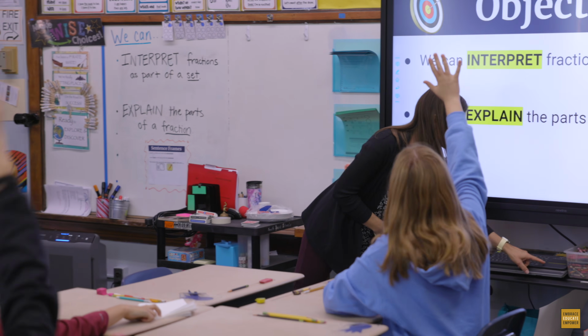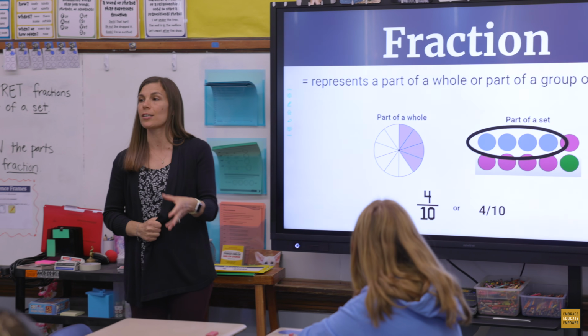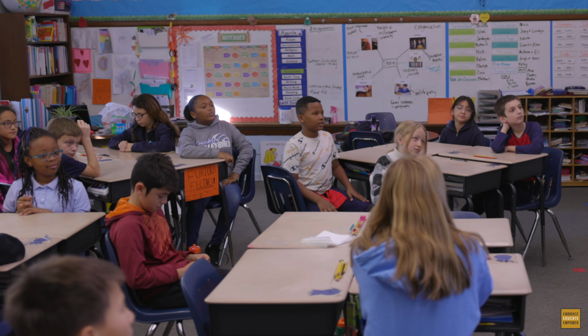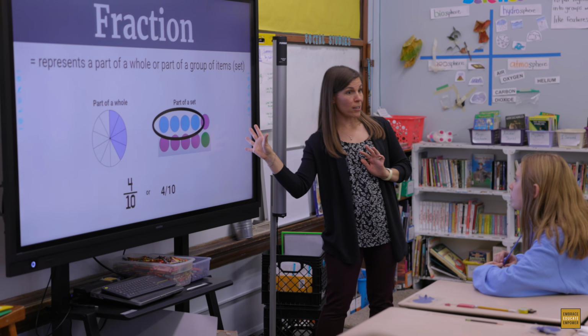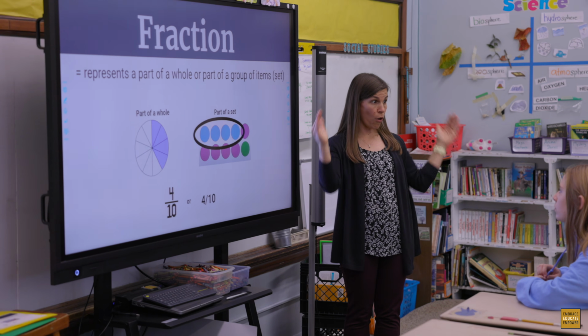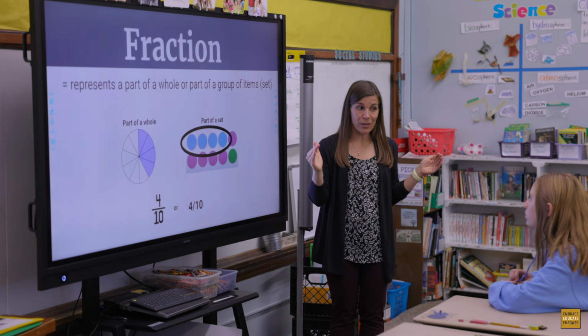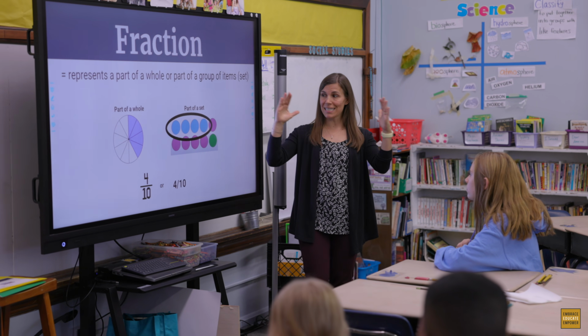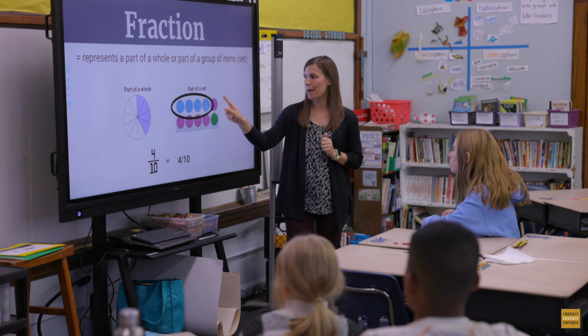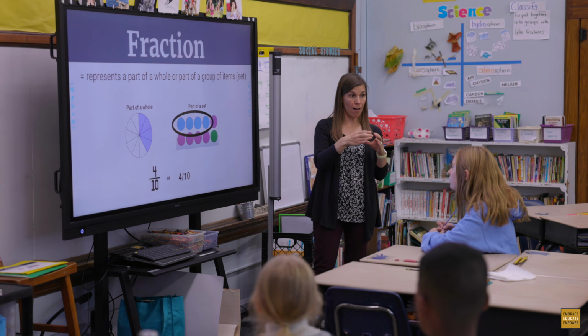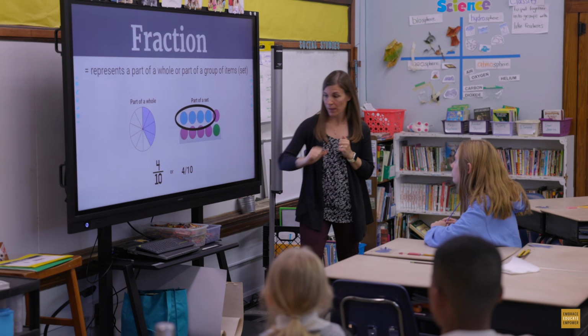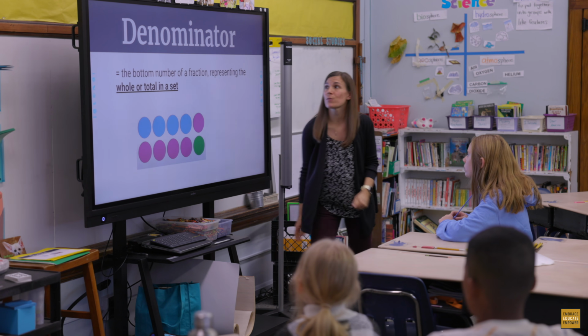All right, let's review our vocabulary that we talked about yesterday. So we're ready to talk and write like mathematicians today. Remember that a fraction is part of a whole, or today we're going to think about it as part of a set. When you have multiple objects and you're only looking at a few of them, or part of the bigger set. Let's remind ourselves what denominator is.